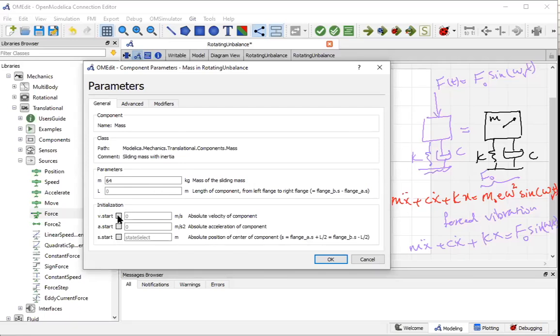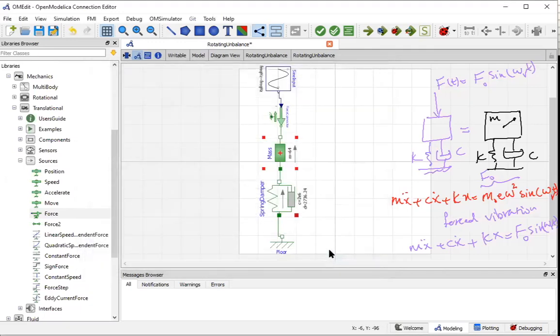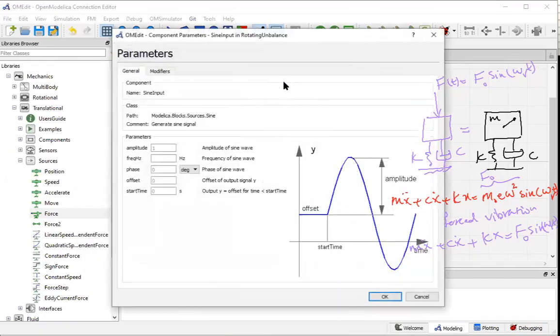We can give some initial displacement and velocity if you want. If you don't, I believe it's going to assume that it's 0. Since we're interested in the steady state response and the initial conditions only affect the transient response, we can just leave it empty, or give it 0. Again, you get some warnings, but not a big deal.